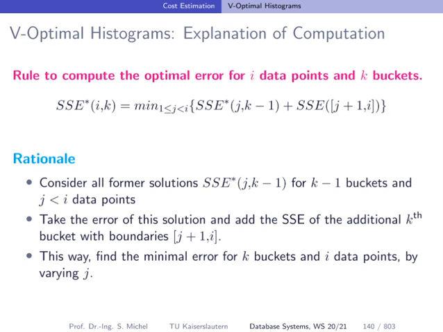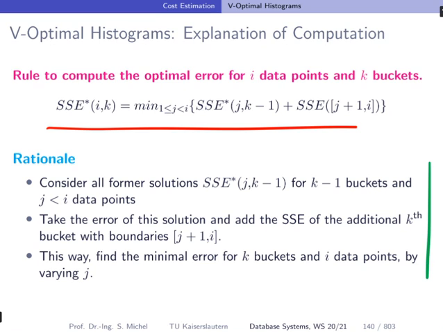So again, we have the instruction how to compute SSE star of i values and k buckets. It was exactly what we have already seen earlier. And here is the idea, but I have already explained this on the previous slide.